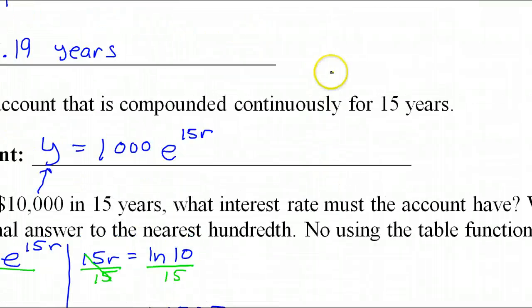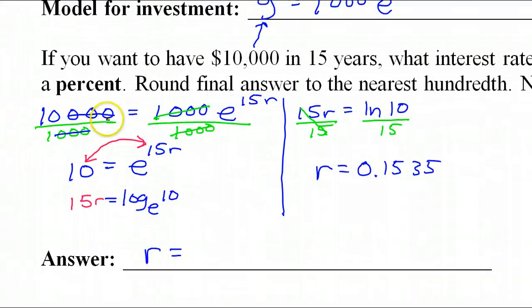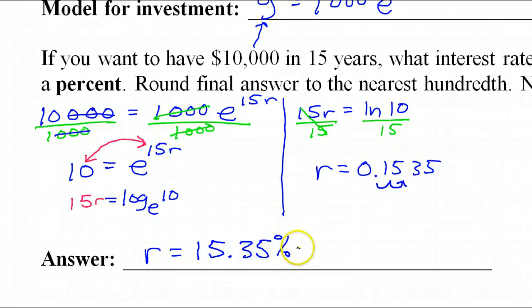Yes, this is r, but you were specifically asked to give it as a percent, please. So we're going to move that decimal point twice. So this is going to be 15.35%. That's why I wrote down 4 decimals, so that even after I convert it to a percent, I would still have the 2 decimals that I asked you for.